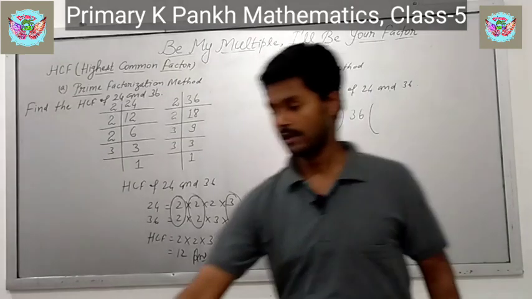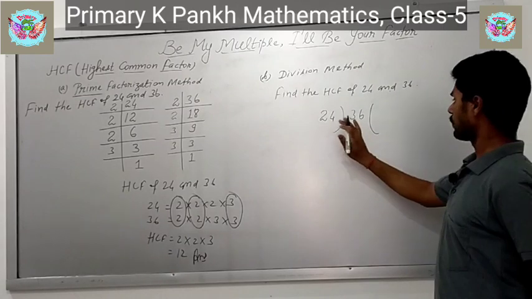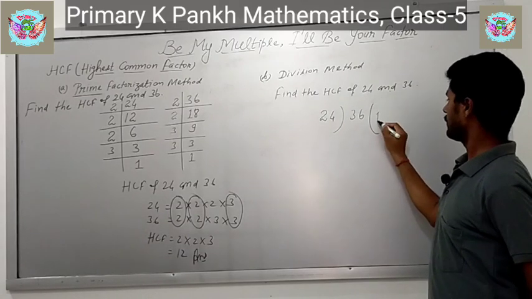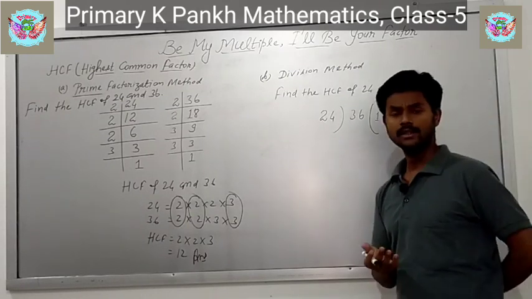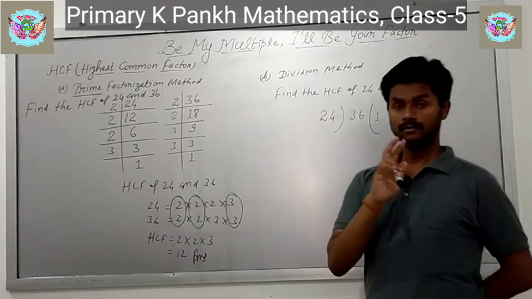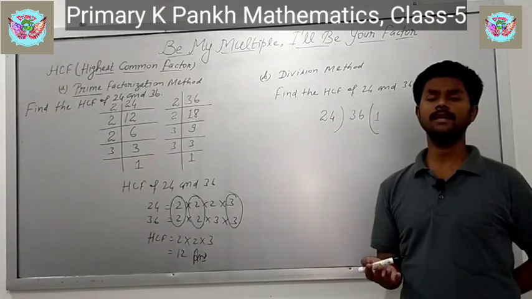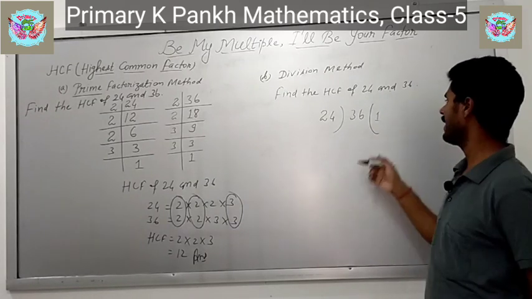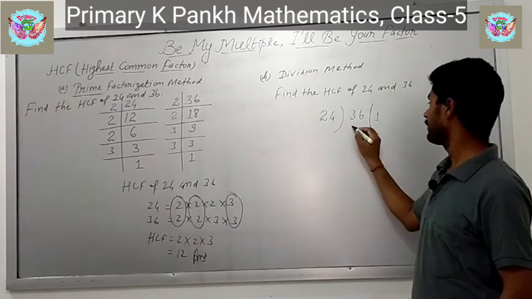First of all, we will divide 36 by 24 only one time, because when we read the table of 24 two times, it will be 48, and 48 is larger than 36. So we read the table of 24 only one time.